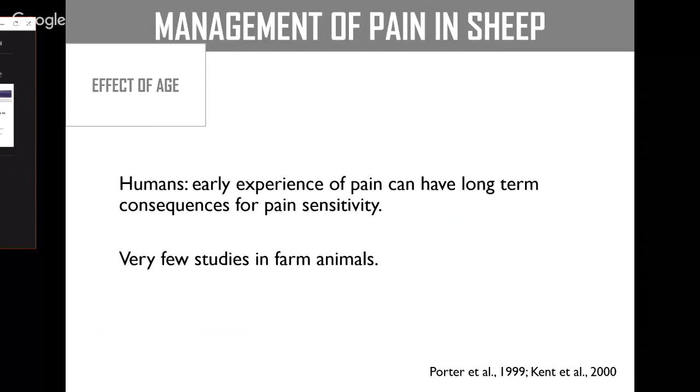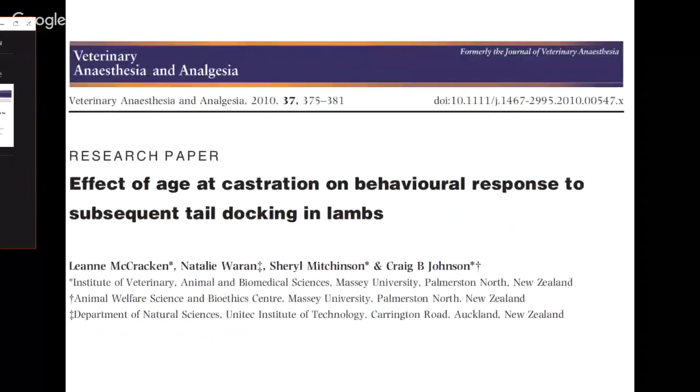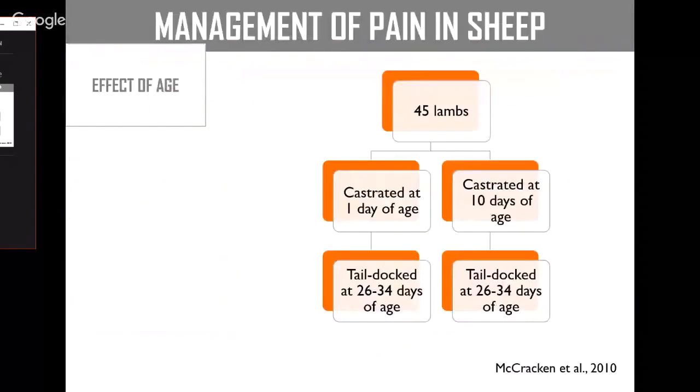Now, studies in farm animals are very few, but we do have some which I think are very telling and very interesting. And I would like to refer to this one in particular by McCracken and colleagues, 2010. Basically, what they did was to start with 45 lambs.